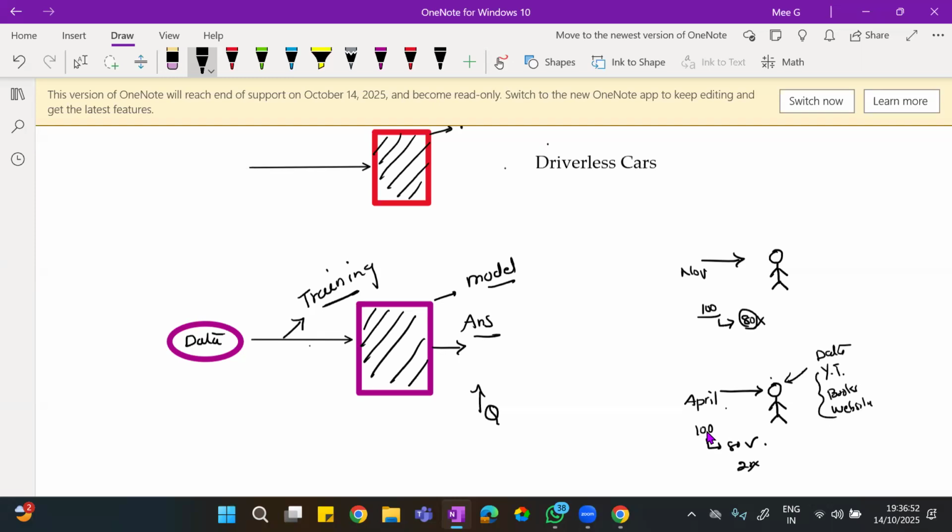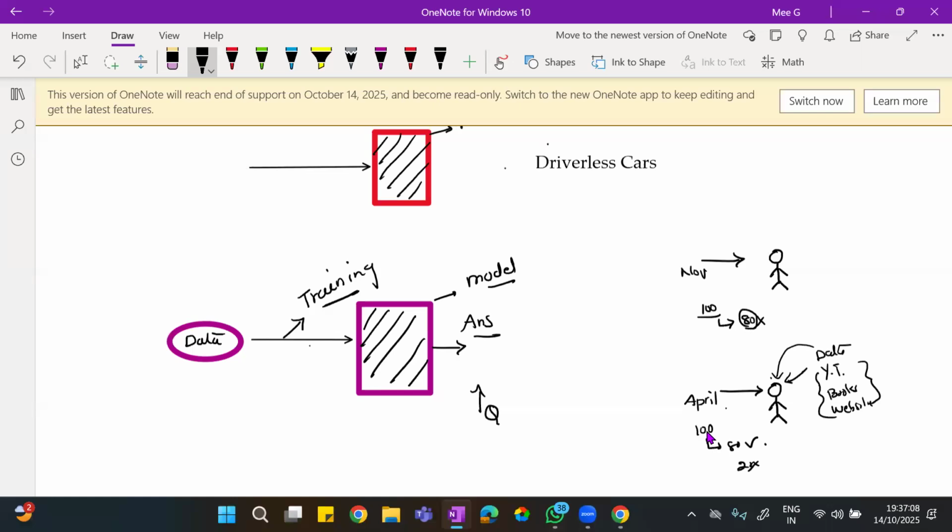All these are sources of data, and using this data, he's acquiring the knowledge. The same thing will happen over here. You are going to give the data and this model will learn.